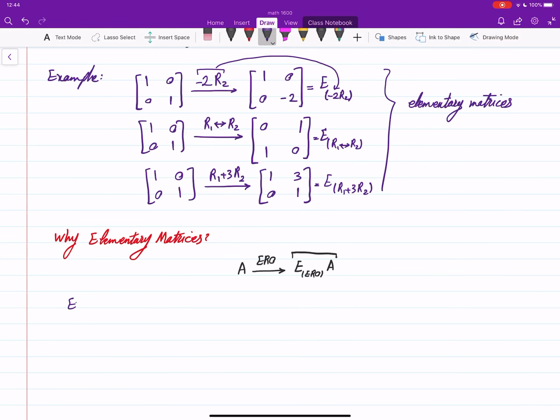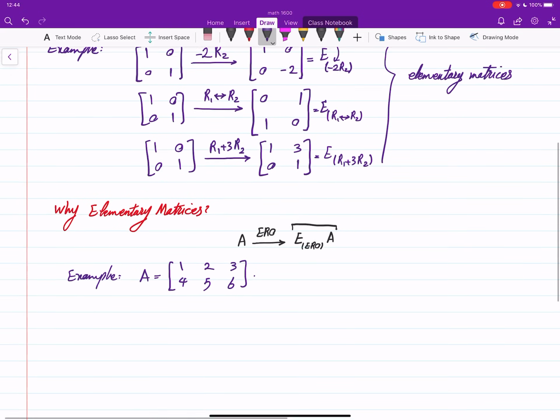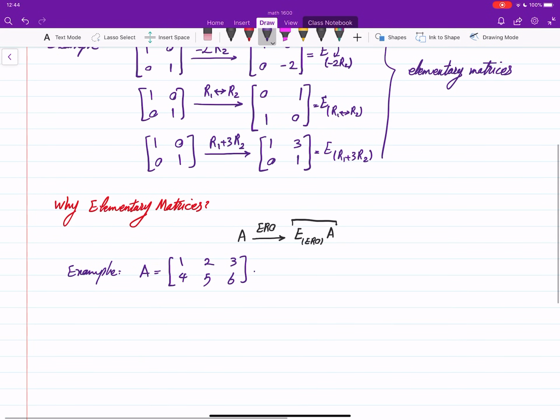So the example is, well, let A be this matrix 1, 2, 3, 4, 5, 6. Then I can do different row operations on this. For example, we can multiply row 2 by negative 2. So this will be 1, 2, 3, negative 8, negative 10, and negative 12.